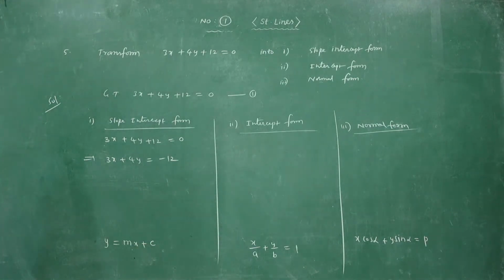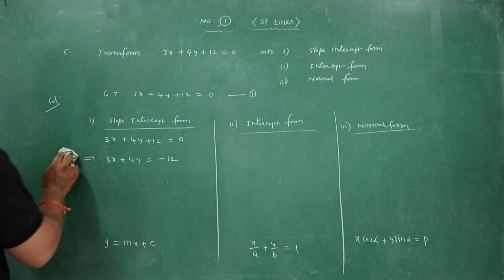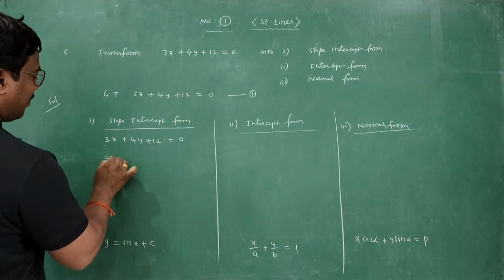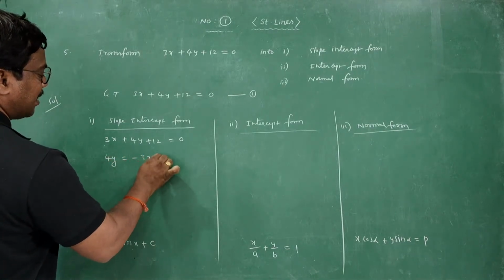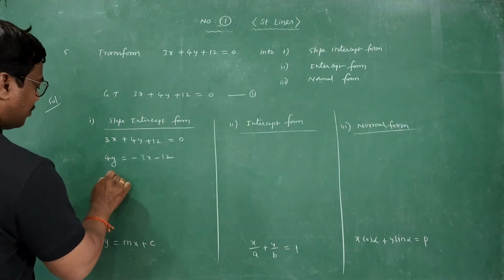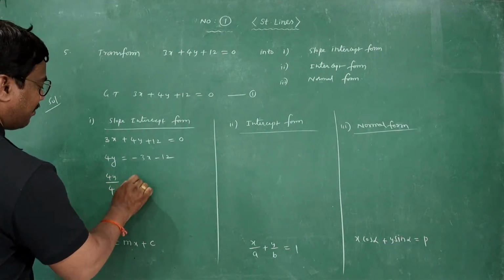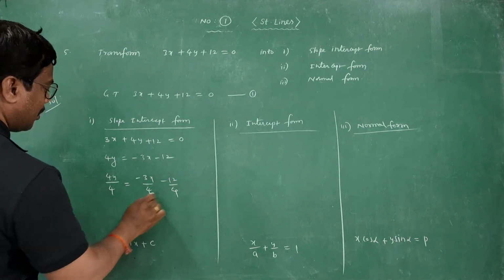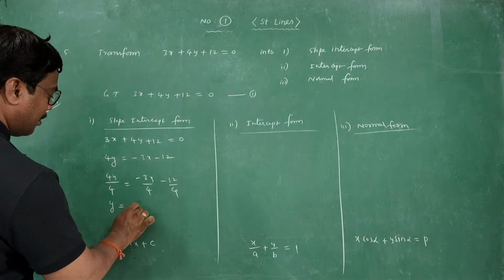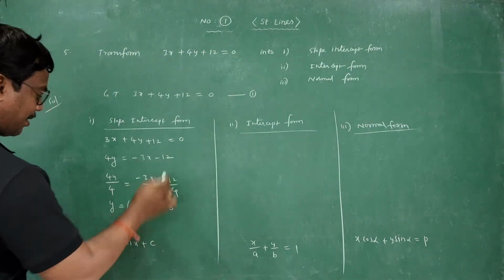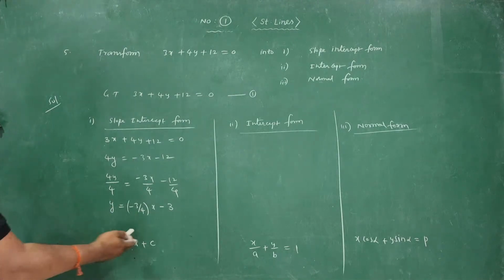So first on the left hand side you have to get only the value of y. So 4y equals minus 3x minus 12. The y coefficient should be unity, so divide each and every term with 4. You will get y equal to minus 3 by 4 into x minus 3.